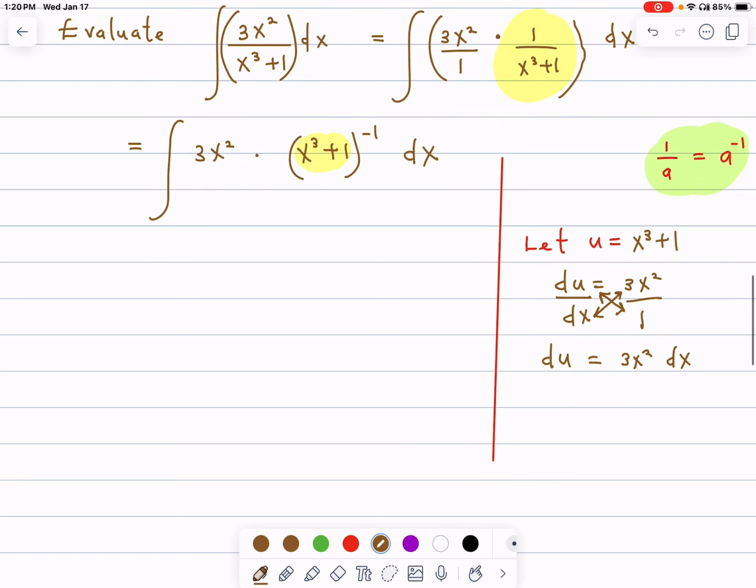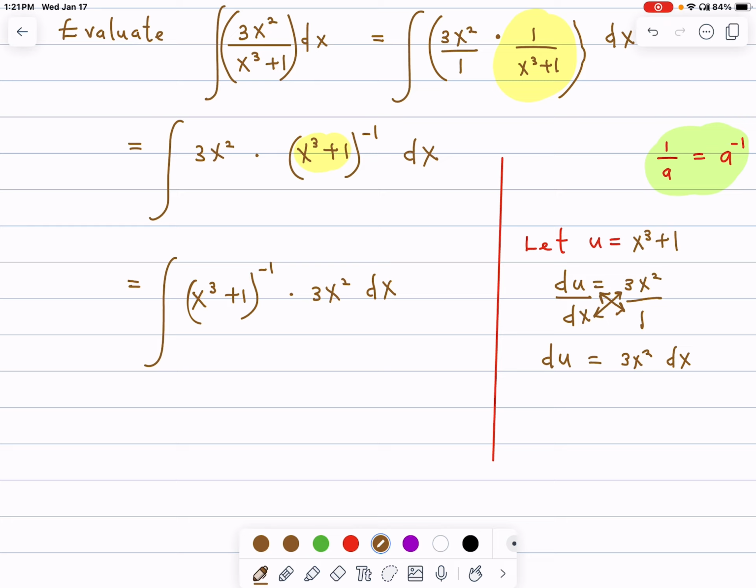Now, to make everything clear, I'm going to write this integral as (x cubed plus 1) to the power of negative 1 times 3x squared dx. It's still the same thing, but I just want to make it clearer.